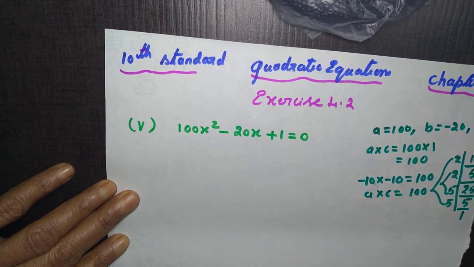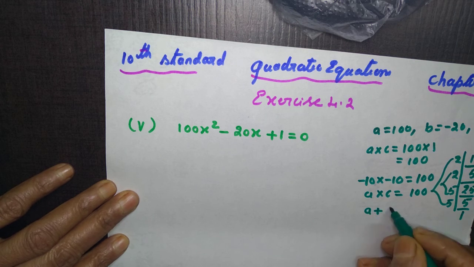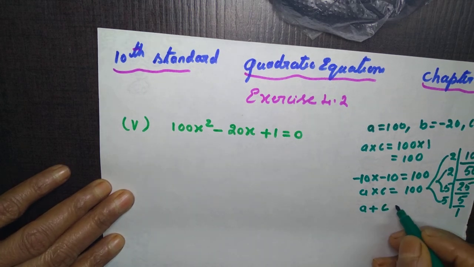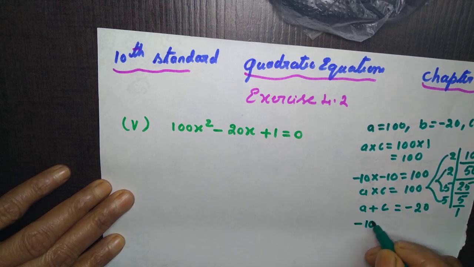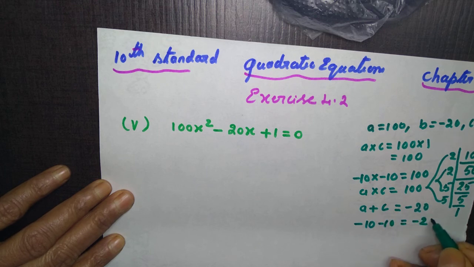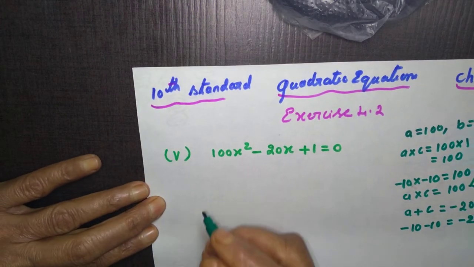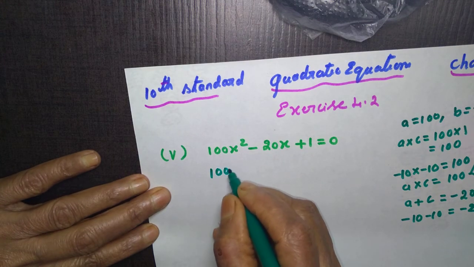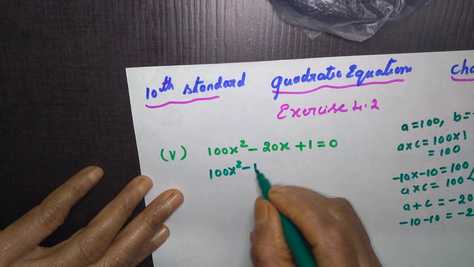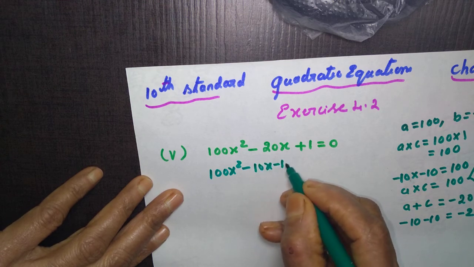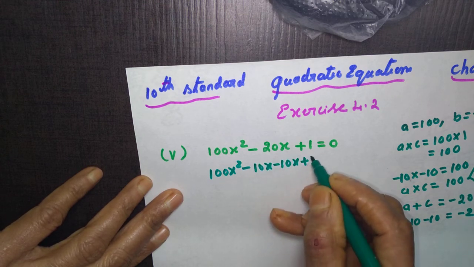If you add these two, it should be minus 20. Therefore, minus 10 and minus 10 is equal to minus 20. Split the term now.